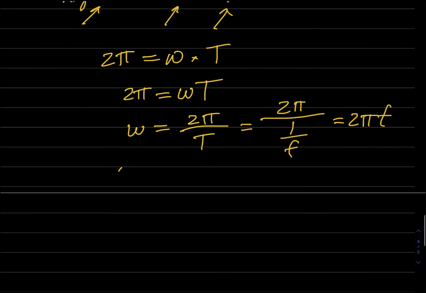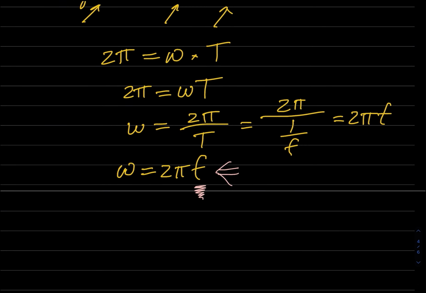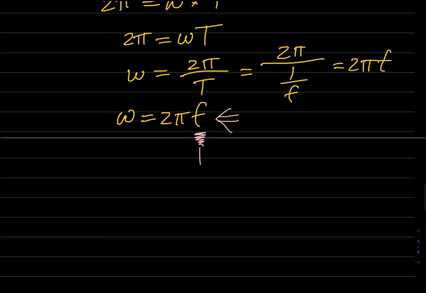So we have omega, the angular velocity, equals 2 pi times the frequency, which makes sense to us because f is complete cycles per second, and one cycle is 2 pi radians. So as f does 1, omega is going to do 2 pi. 2 pi times as much as f. And note again that they have the same units, seconds to the minus 1.